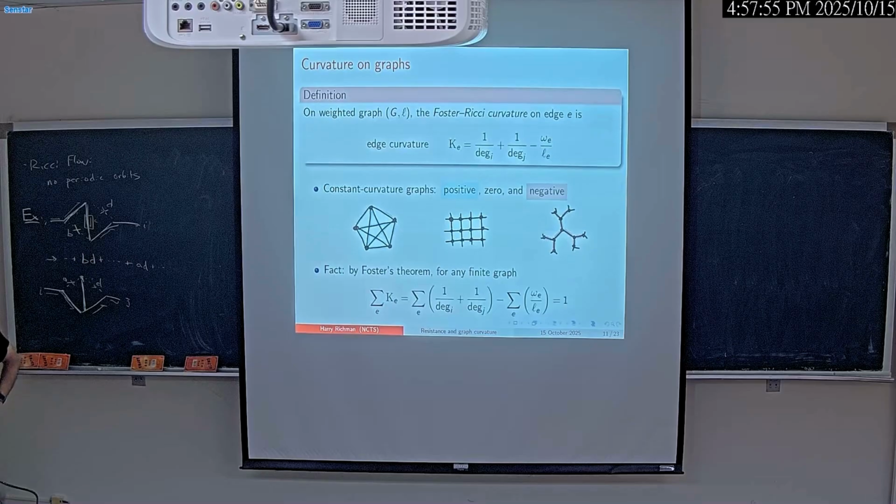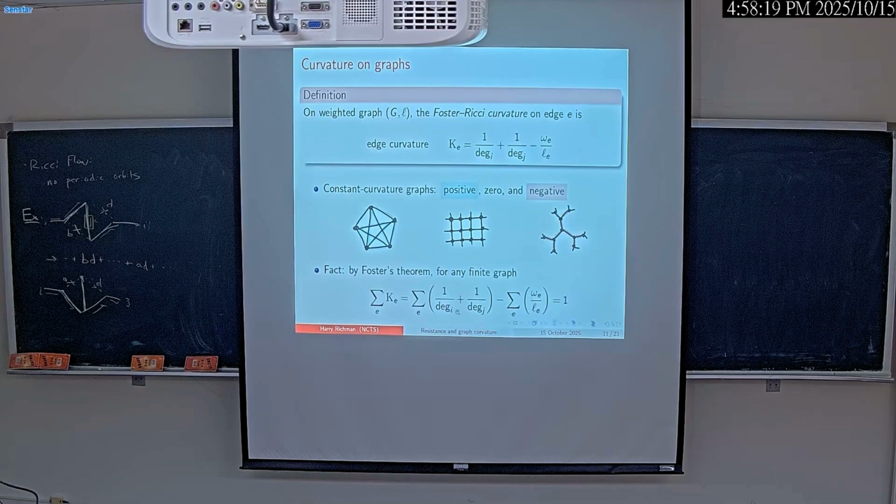Right, and one nice property of this choice of edge curvature is that we have a nice global relation on the total edge curvature for any finite graph. If we sum this curvature over all edges, we have one term for the degree terms, and another term for this effective resistance term.